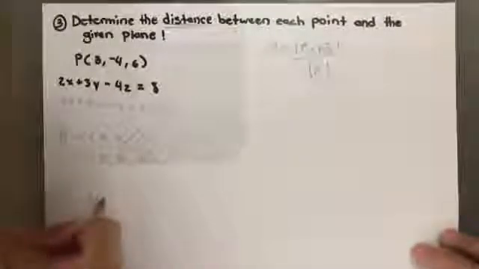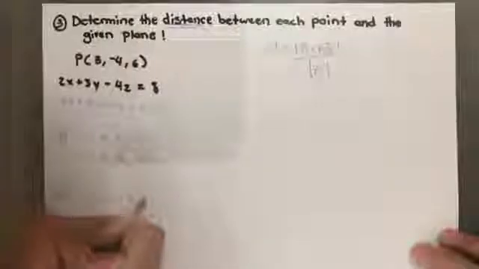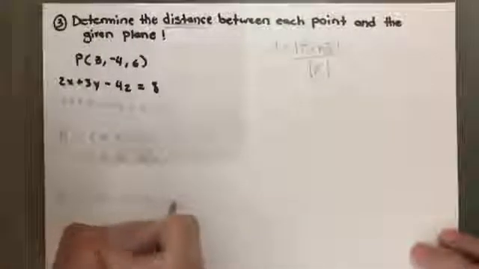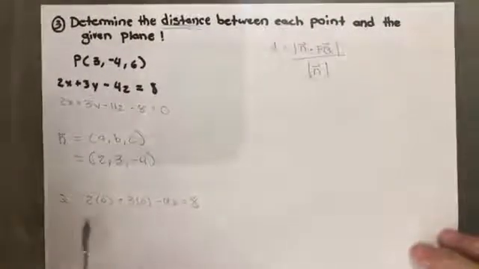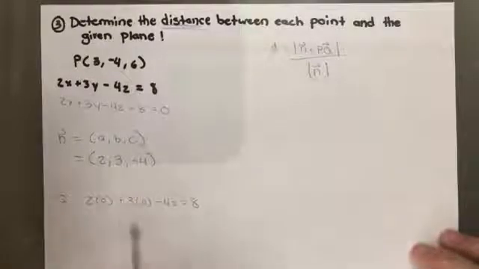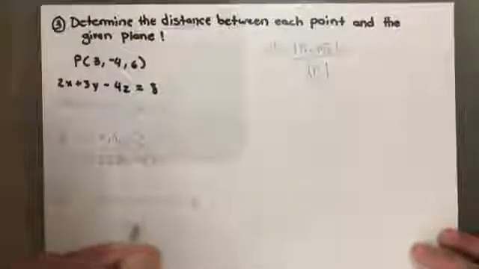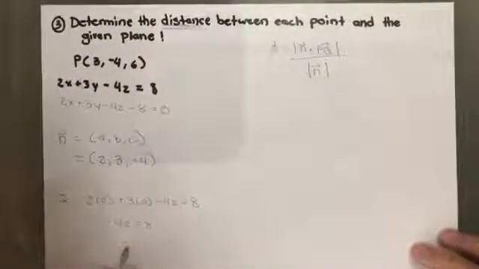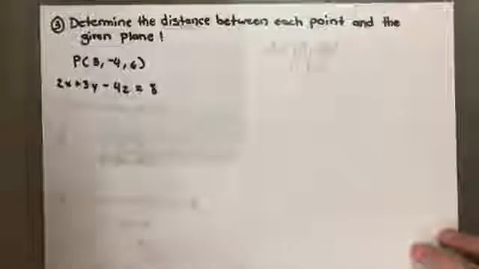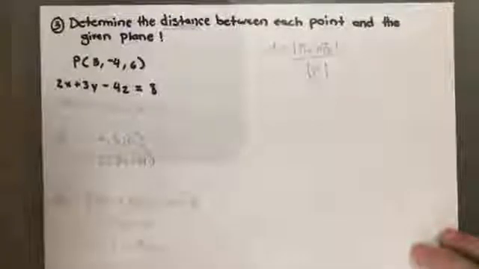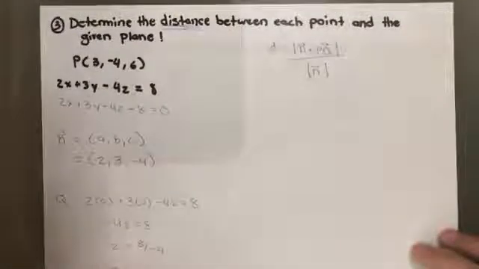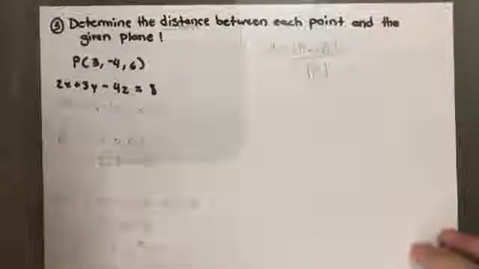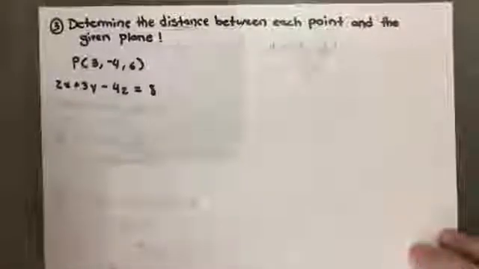So we make x 0, y 0, and we have negative 4z equals 8, since 2 times 0 is 0 and 3 times 0 is 0. Isolating z, 8 divided by negative 4, z equals negative 2. So for Q, x is 0, y is 0, z is negative 2. That could be our Q point.